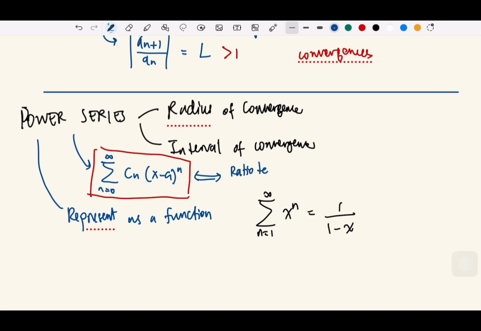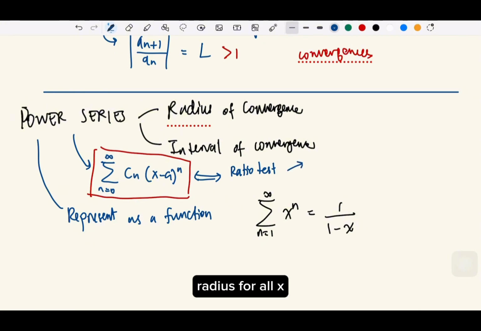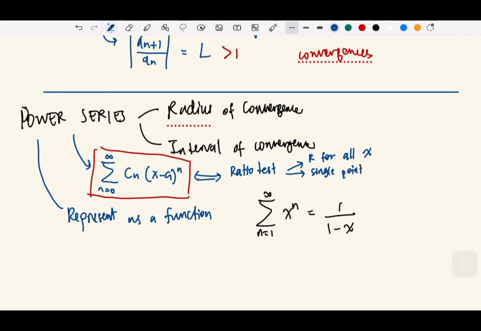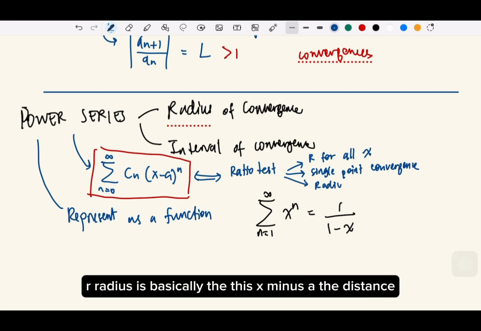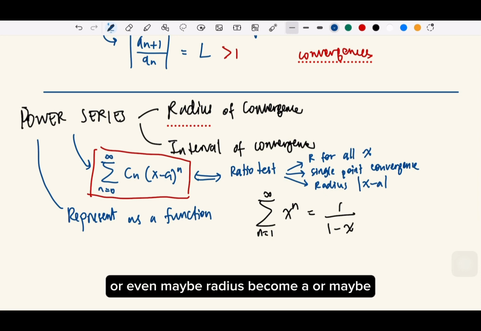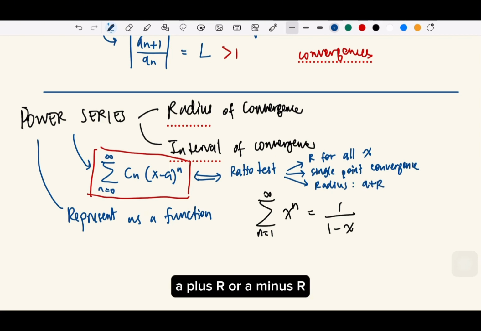So with the ratio test, we test whether it has a radius, converges for all x, or has single point convergence, or the radius is basically this x minus a, the distance, or even maybe the radius becomes a, or maybe it could be a plus r or a minus r.